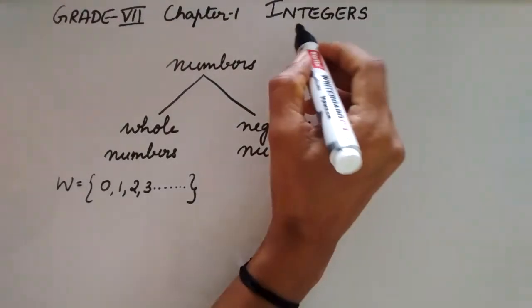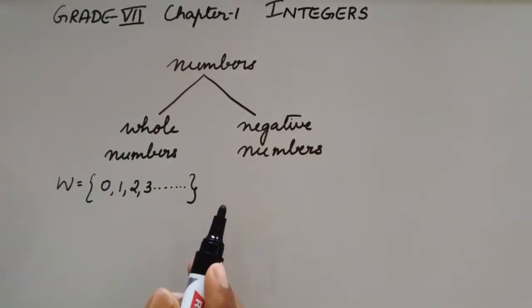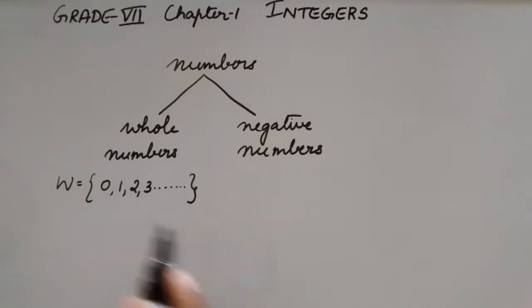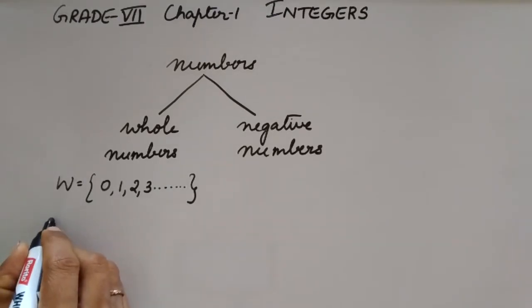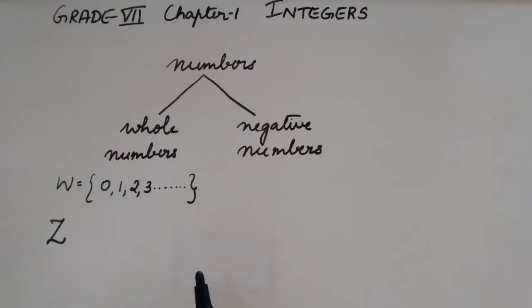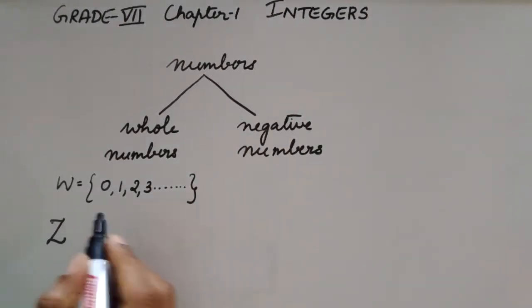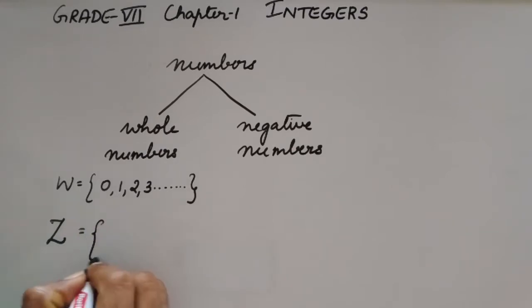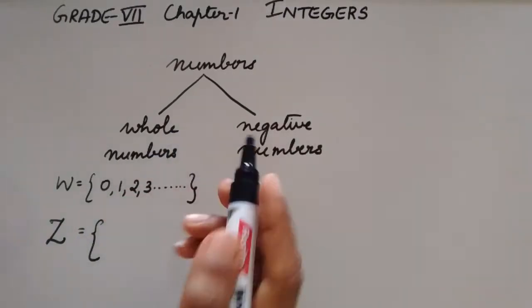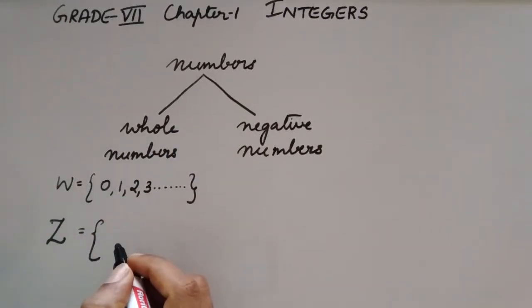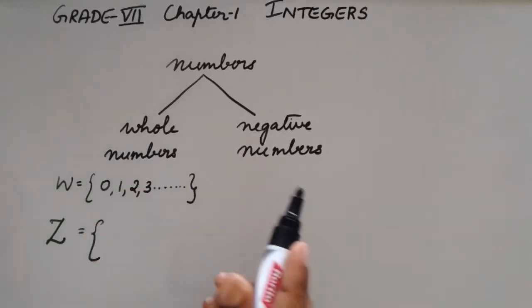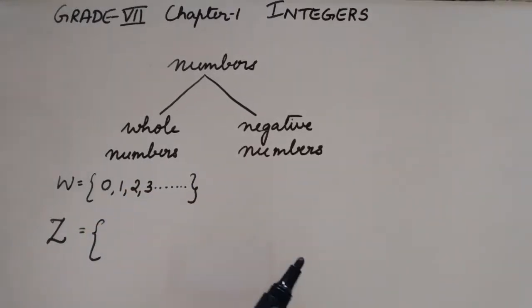And what about the integers? The integers are represented by the letter Z. And the integers include, as I told you already, the whole numbers and the negative numbers.